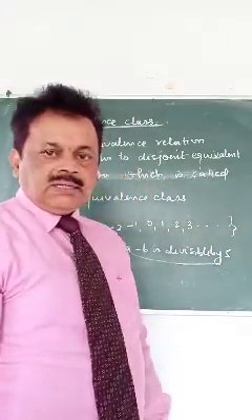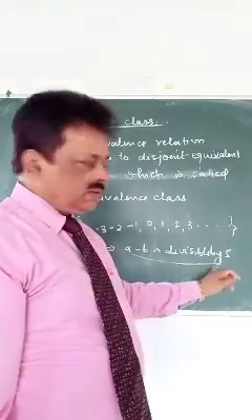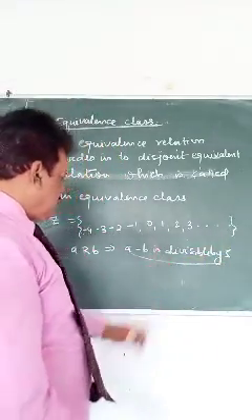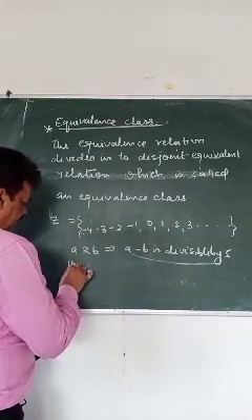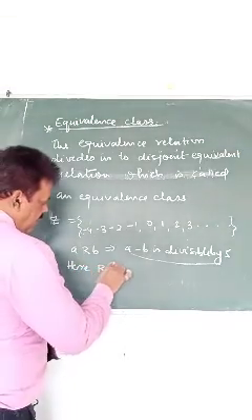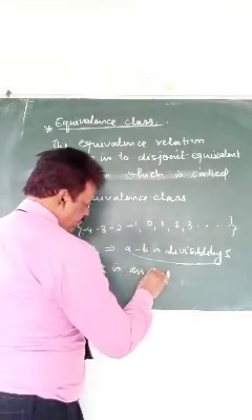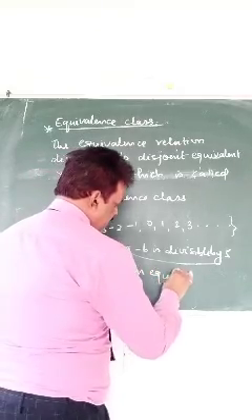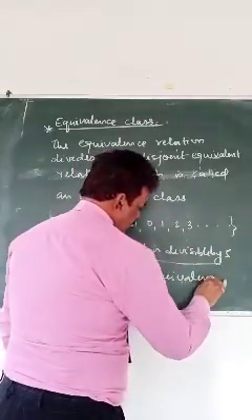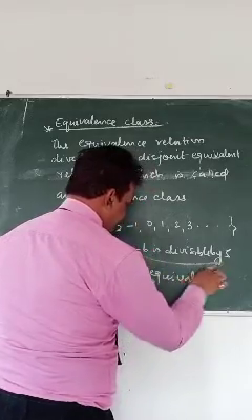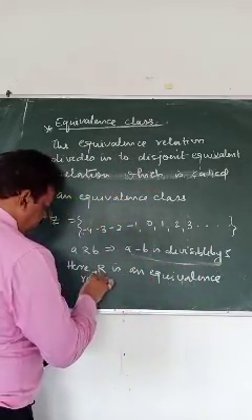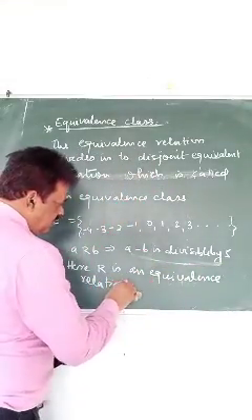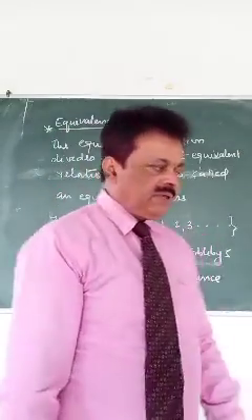R is an equivalence relation. You can see just in the previous class I had proved here that R is an equivalence relation. This already I have proved, no need to prove here.